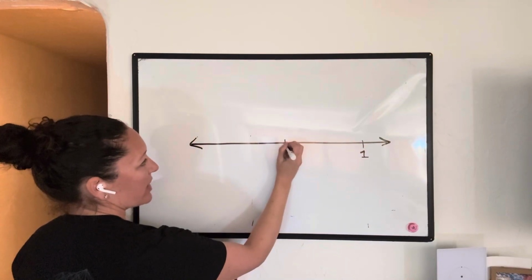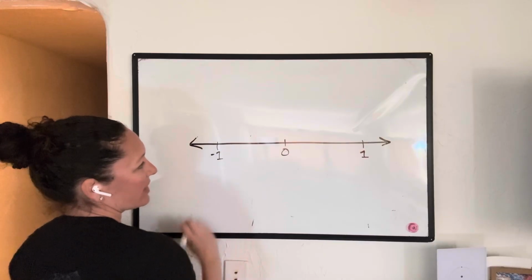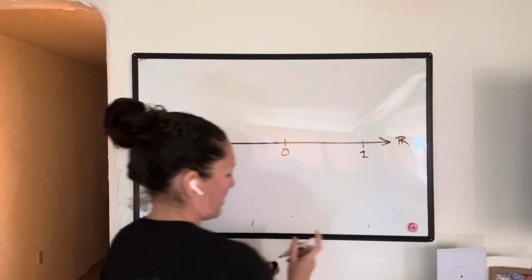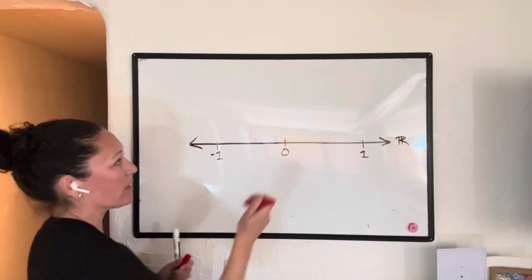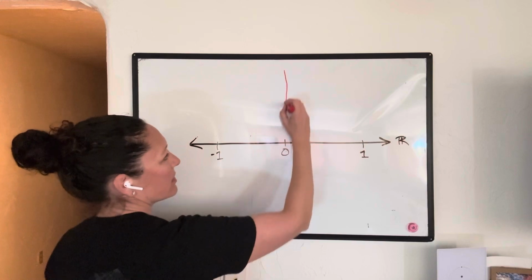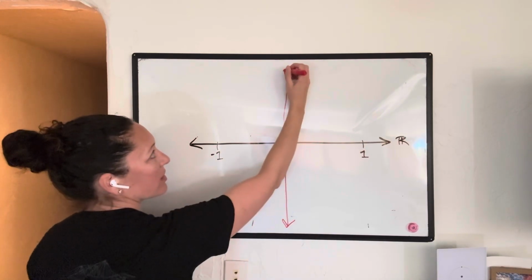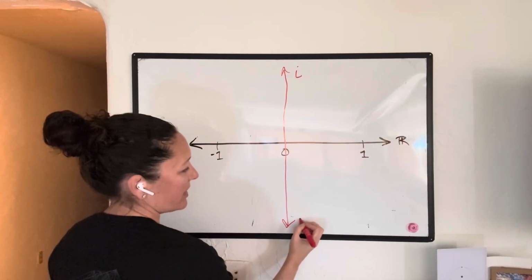So here's my number line. Okay, so I'm going to have 0 right here, and I'm going to have my -1. This is my real number line. Okay, but I just showed you how the imaginary number line intersects at 0. So up here we have I, and down here we have -I.